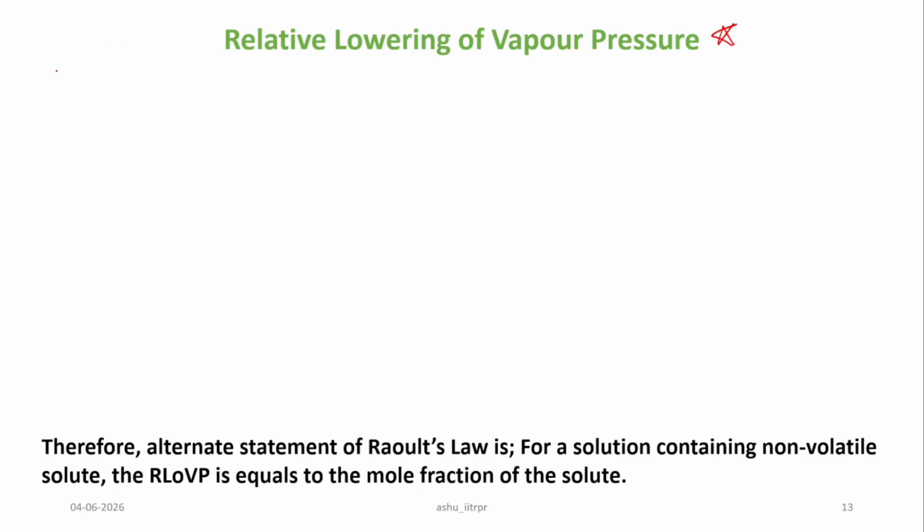Since I am representing the solute as B, the mole fraction of the solute is XB or chi B, and we know that the mole fraction of all components is equal to 1. That means I can write chi A is equal to 1 minus chi B. There should be no confusion.